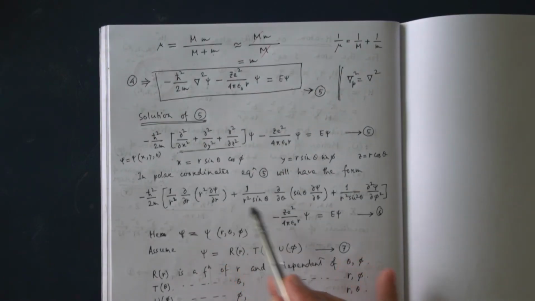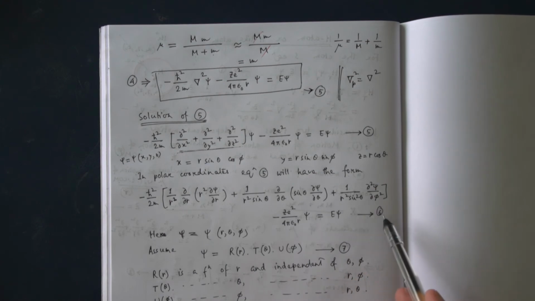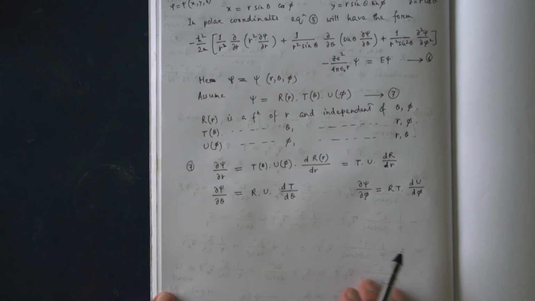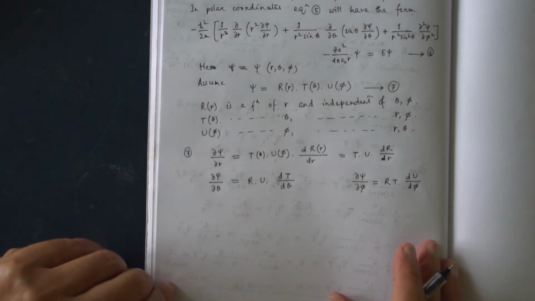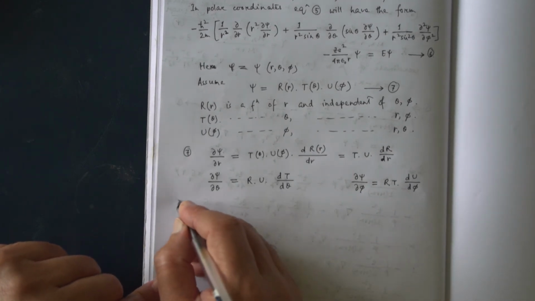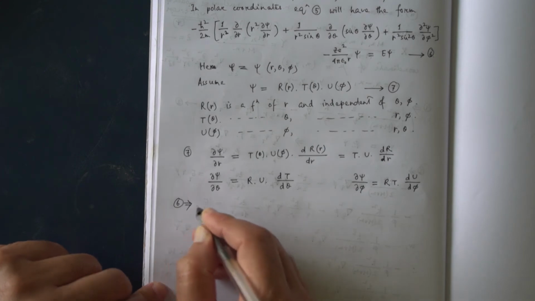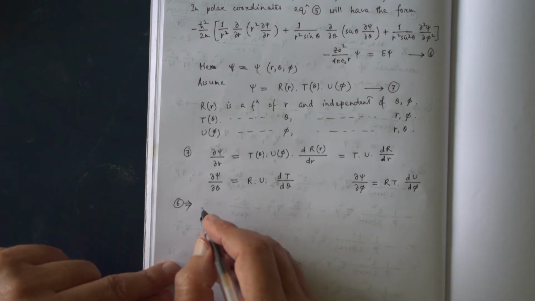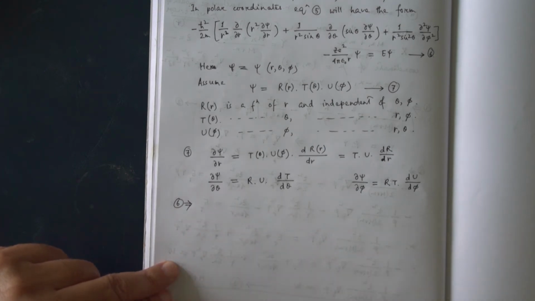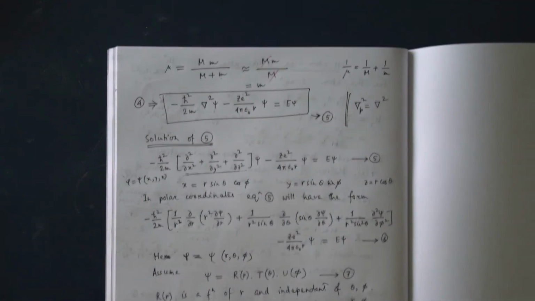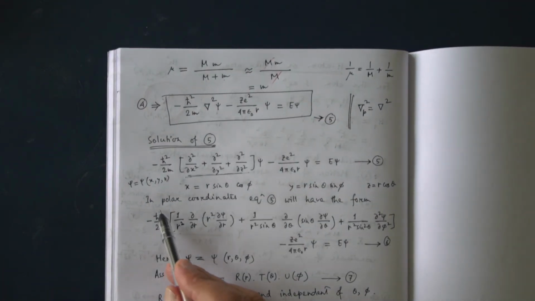Now we can substitute these values in 6. So if we substitute these values in 6, what do we get? I can do one thing also: I can divide both sides by this.